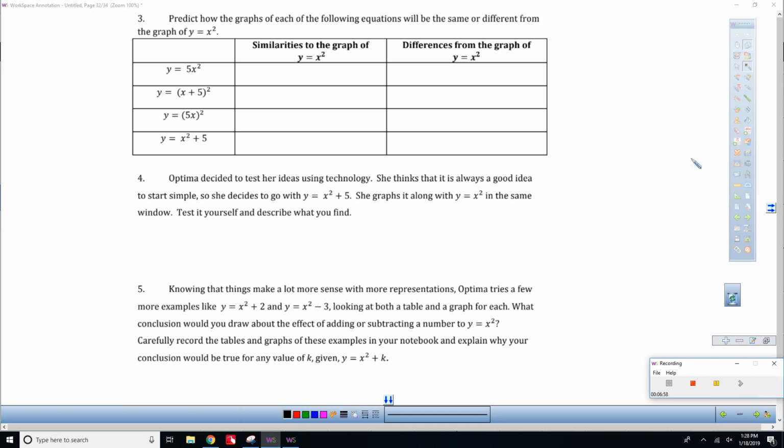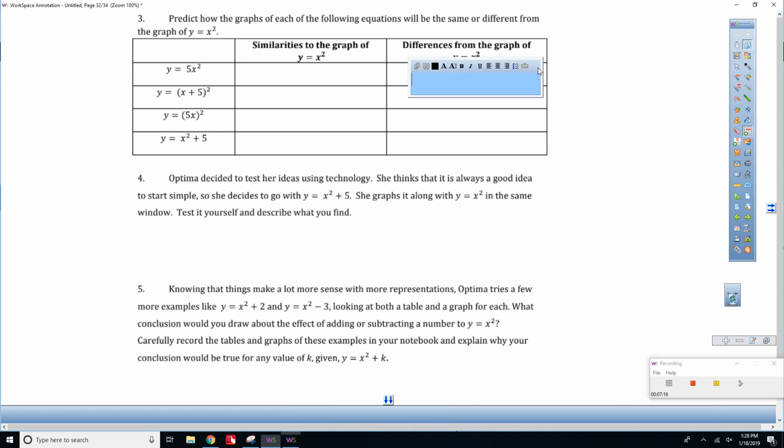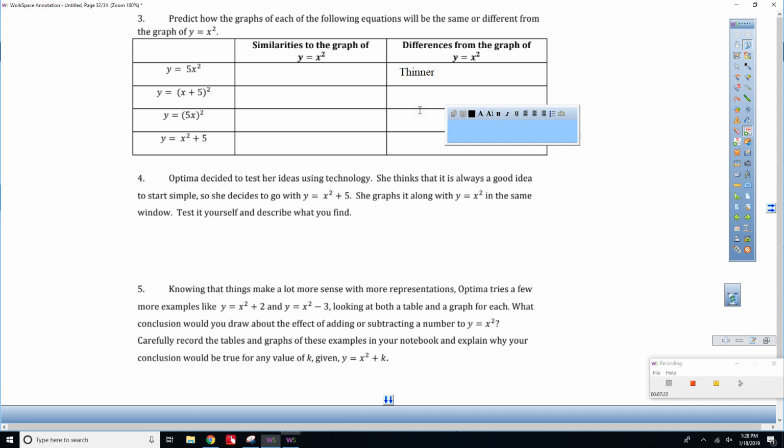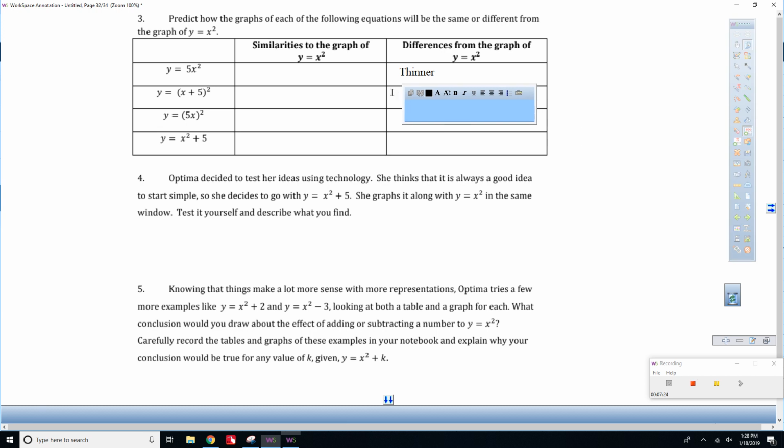Okay, so what are some similarities? Well, parabola, parabola, parabola, parabola. Facing up, facing up, facing up, facing up, right? But what are some differences? What did 5x squared do? Well, it grew faster, so it was thinner. What did x plus 5 in parentheses do?